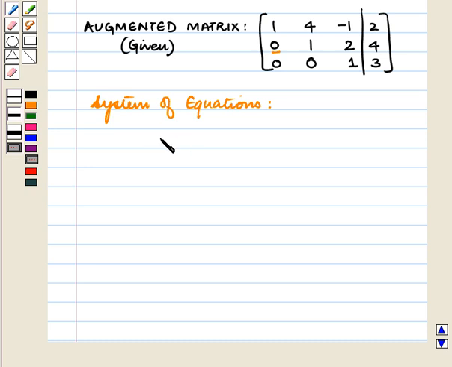It will be x plus 4y minus z equal to 2, y plus 2z equal to 4 and z equal to 3.